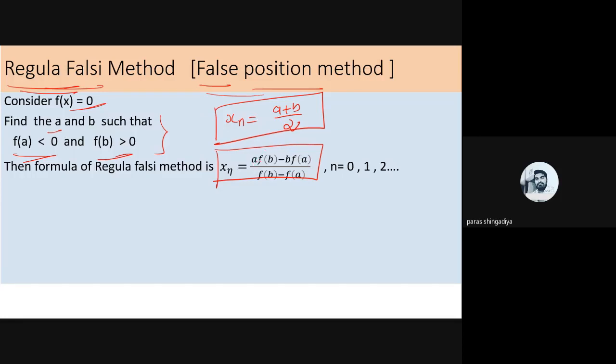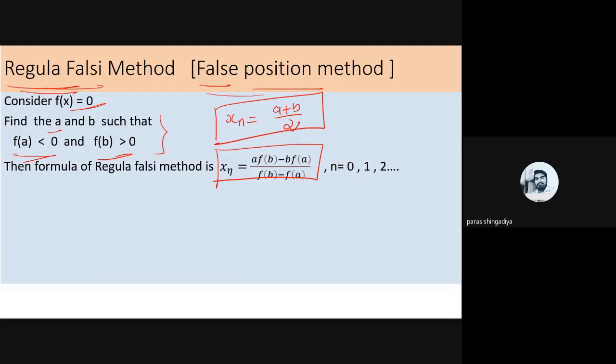You have to start with a, and its product comes with b: a into f of b minus b into f of a, divided by f of b minus f of a. Here a is the point where f of a is negative, so use this value as the f of a value. And b, where f of b is positive, use this output of the function as the f of b value and use it in the formula to find x1.